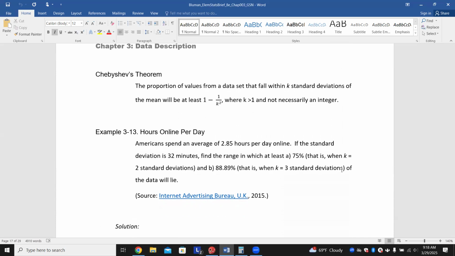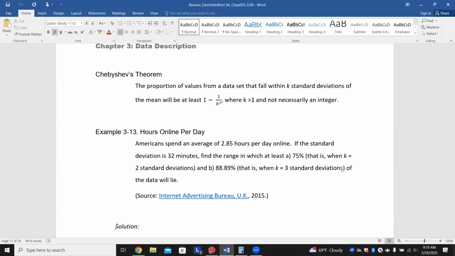If you want 2 standard deviations away, K equals 2, which would mean at least 1 minus 1 over K squared. So you'd plug in 2 and get 1 minus 1/4, which is 0.75. So 75% of your data should fall within 2 standard deviations, and that's really all that means. Maybe you wanted 1 standard deviation away, but sorry, K has to be greater than 1.